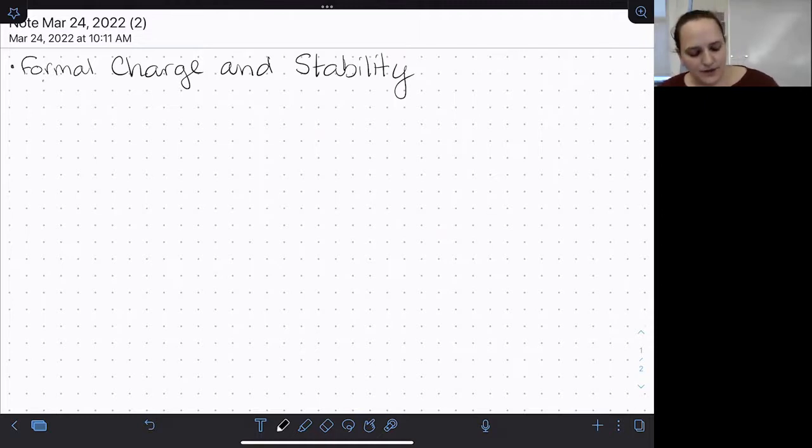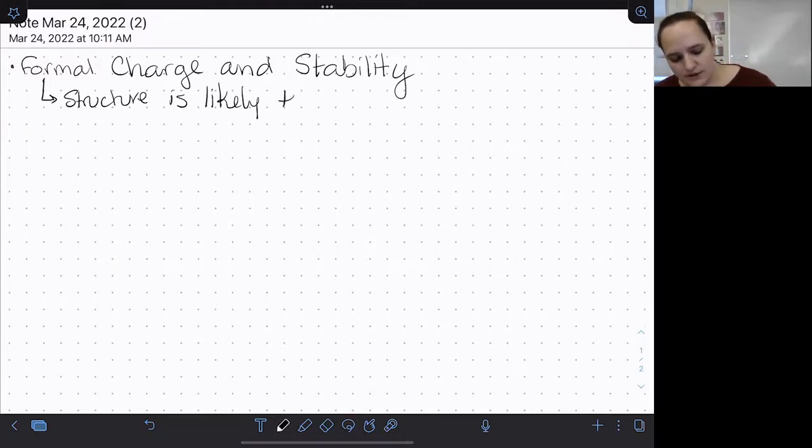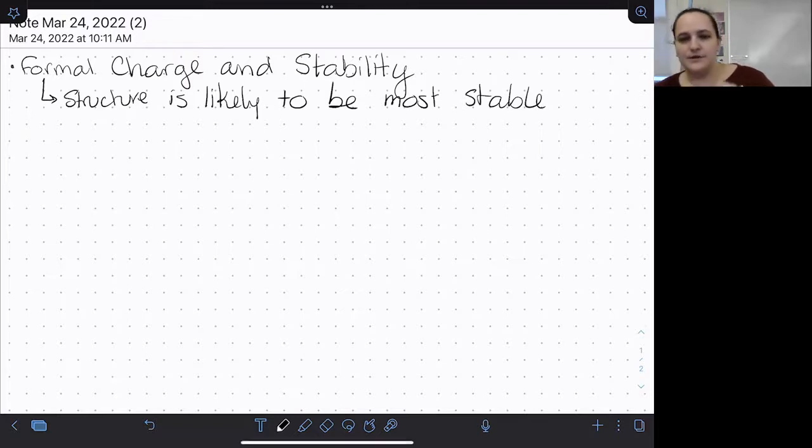Essentially, a structure is likely to be most stable, and as with most things there are exceptions, when as many formal charges as possible are as close to zero as possible.